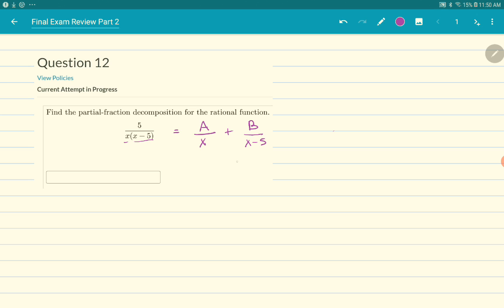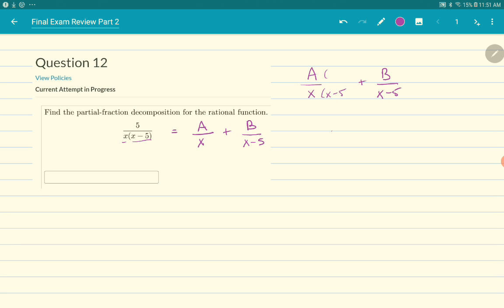So when I add these together, I have to have a common denominator. So I'm actually going to rewrite that. I start with that, but in order to get a common denominator, I would have to multiply this piece by x minus 5, sorry, I said x plus, that should be x minus 5, and this piece by x.